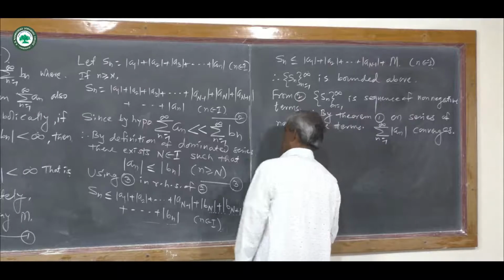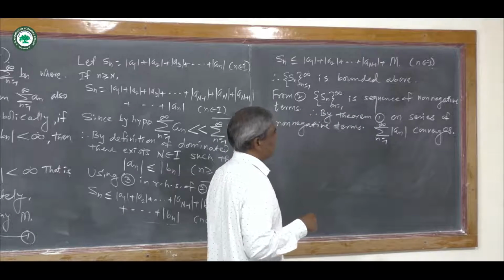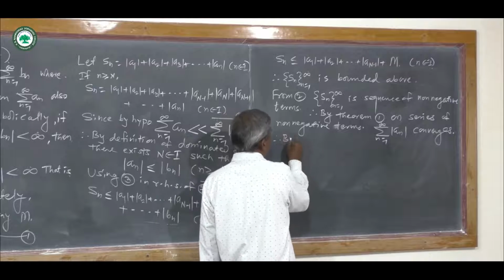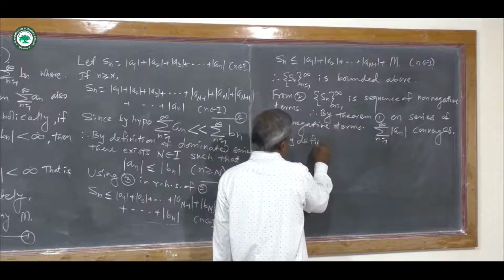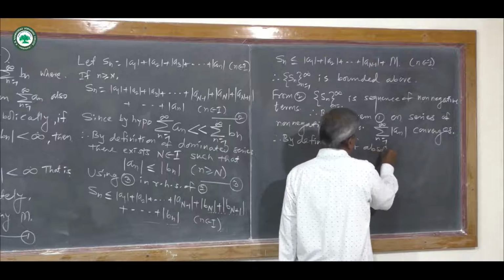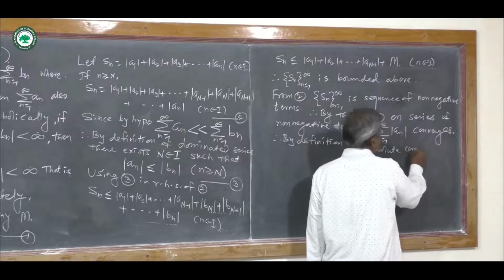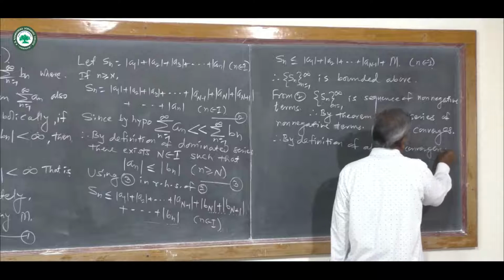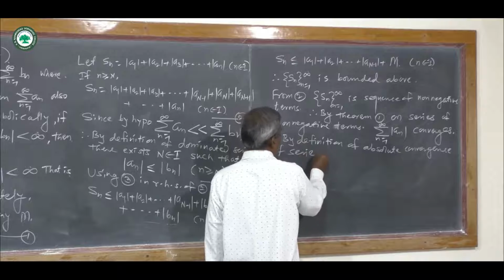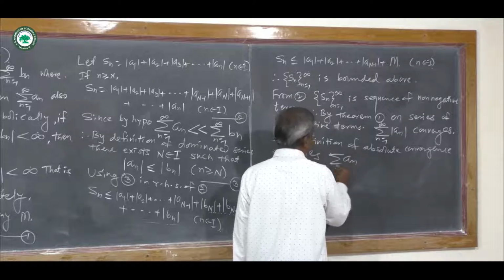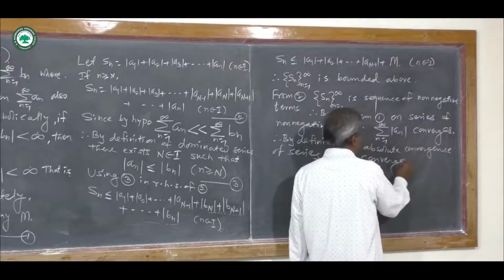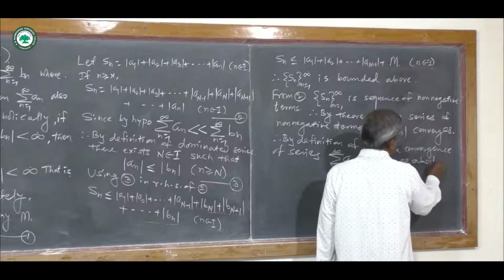Therefore, by definition of absolutely convergent series, sigma an converges absolutely. Therefore, by definition of absolute convergence of series, sigma an, n equal to 1 to infinity, converges absolutely.